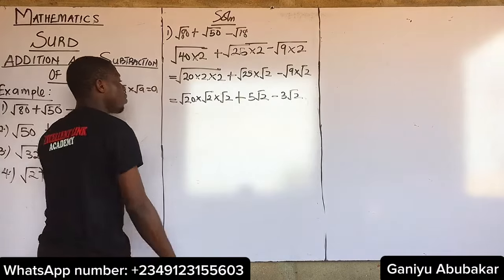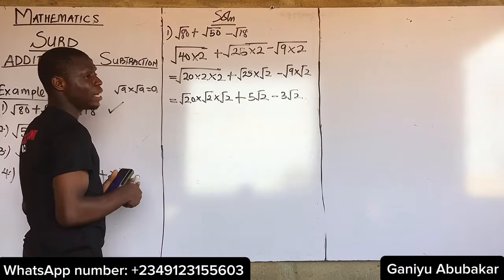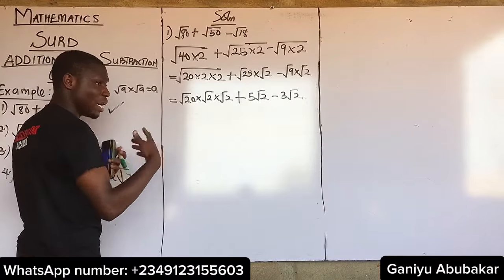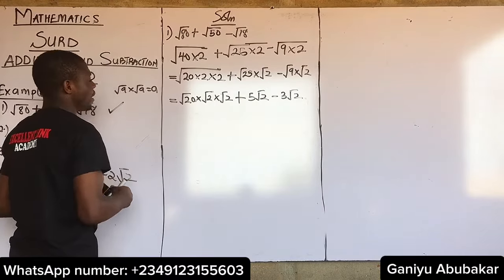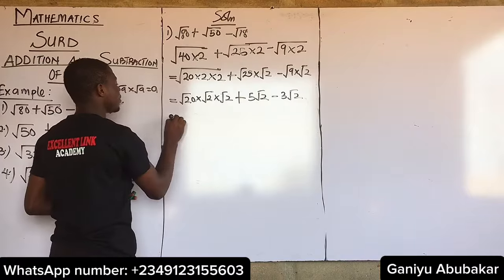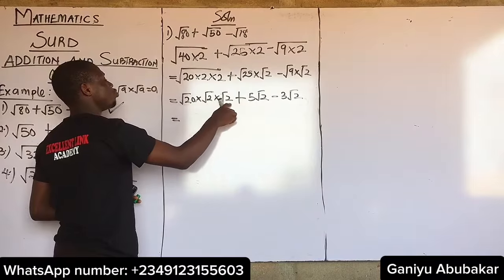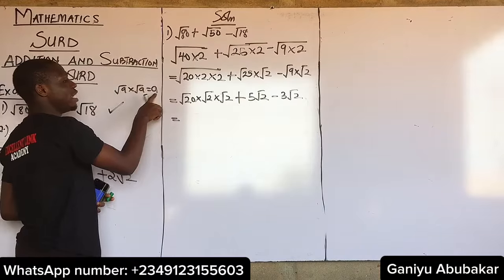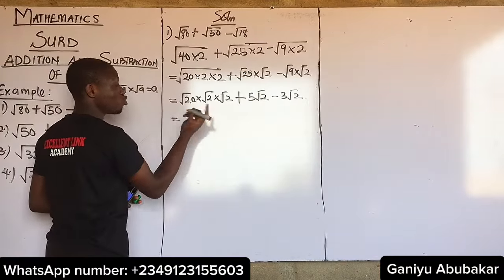I'm taking my time to break this down. What's my next task here? We know that root 2 times root 2 will give 2.